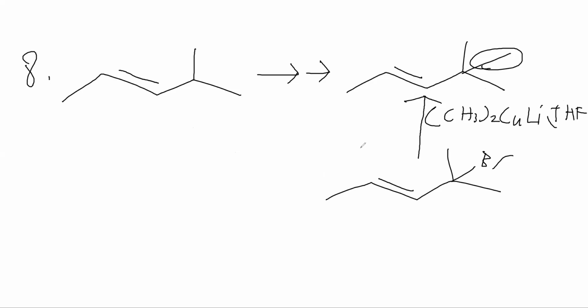What reaction do you guys know that we can use to add a halogen to a position that's right next to a double bond? That's kind of the hint. This is an allylic position, and we're adding a halogen to the allylic position. NBS and what?